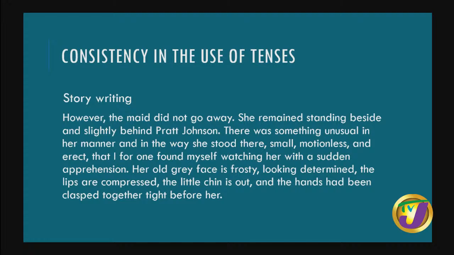The chin and the hands had been clasped together, okay, tight before her. Okay then? The hands, you could say the hands were clasped behind her, clasped together. Okay. All right. Were clasped together tight before her.